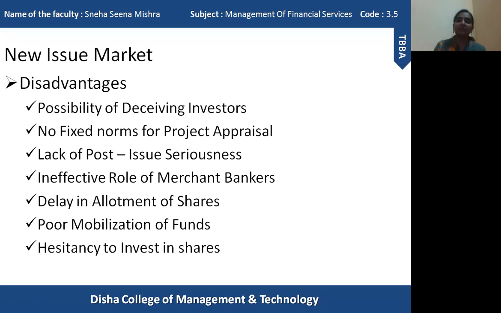It becomes very difficult for the companies to encourage the investors to invest. The public prefer investment sources through which the money is safe, the money is secured, and the return is regular, even if it is very low. Clear? The next one is hesitancy to invest in shares.